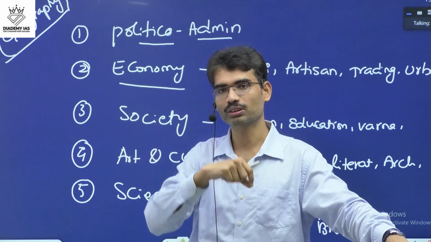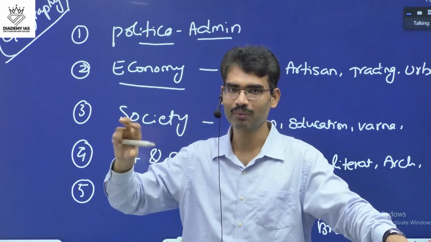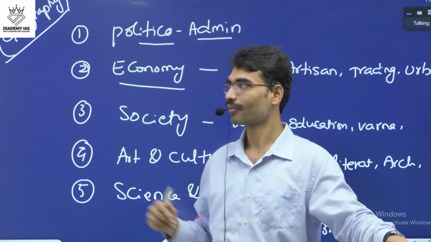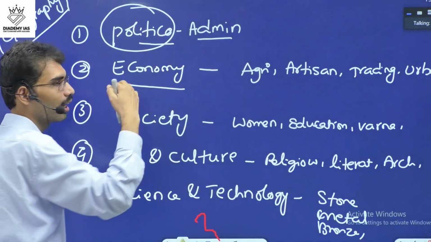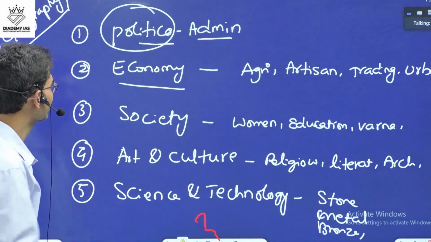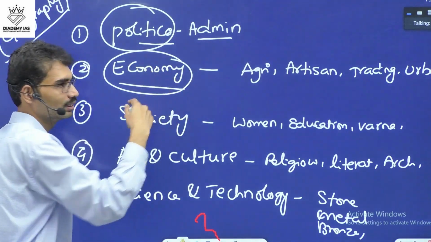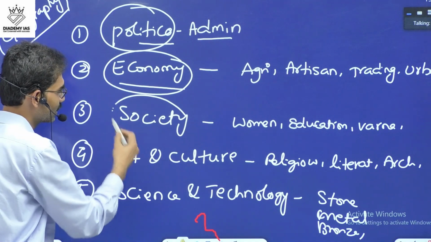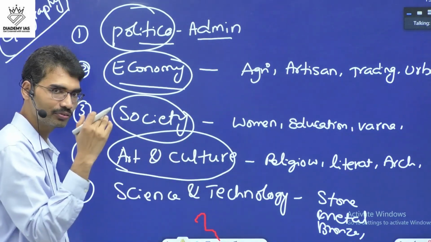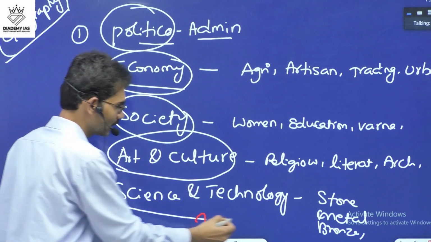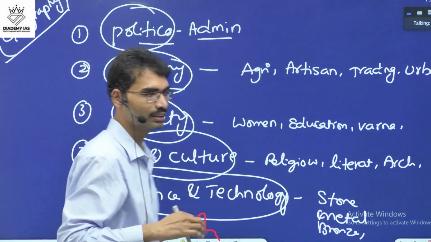For post-independence, one whole paper it became. Polity itself is one paper, or some part of a paper. Economy, some part of the GS3 paper; society, some part of the GS1 paper; art and culture, some part of GS1; science and technology, some part of paper 3.